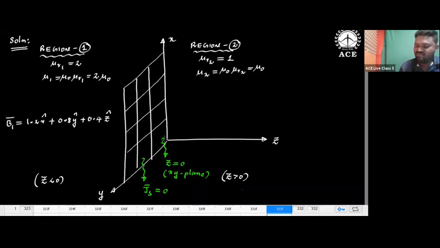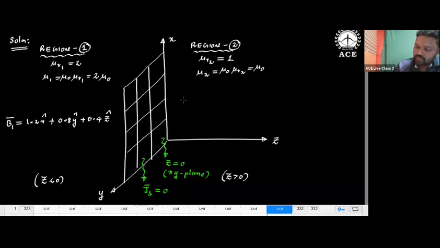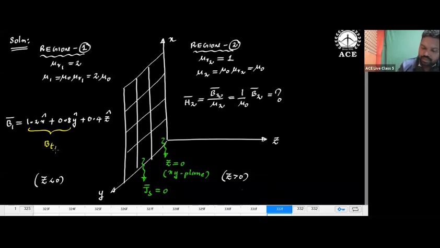It is asking for what is H2. I'll find out B2. H2 is B2 divided by mu2. What is mu2 value? It is mu naught. So 1 by mu naught into B2 is how much? So what are the tangential components here? This is BT1. This one is BN1.